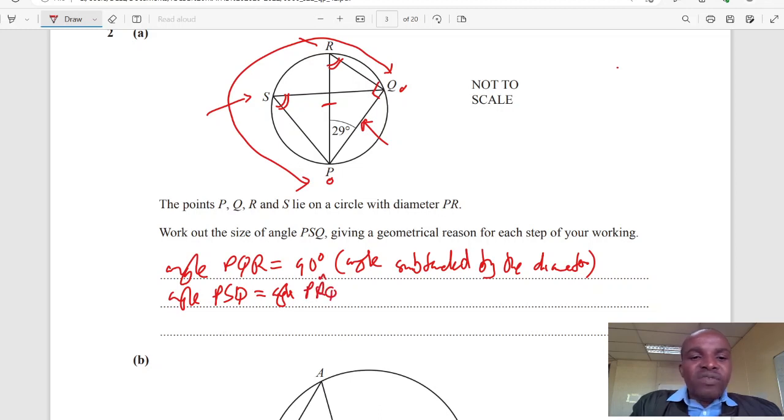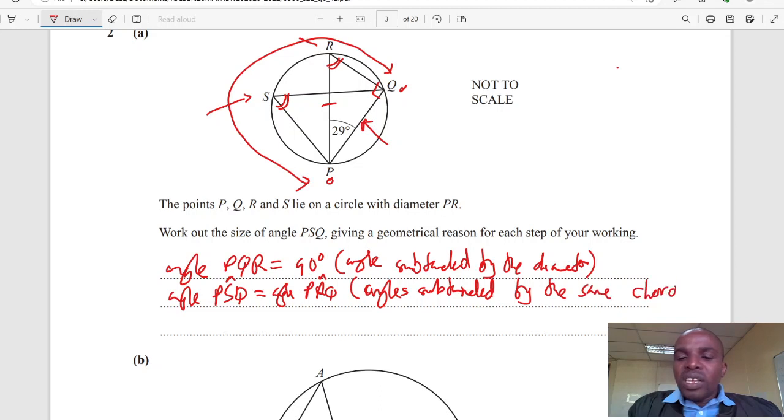Why? You can put this sign for angle. Then you can say angles subtended or formed by the same chord. Even if you say arc, it's still the same. Angles subtended by the same chord are equal.